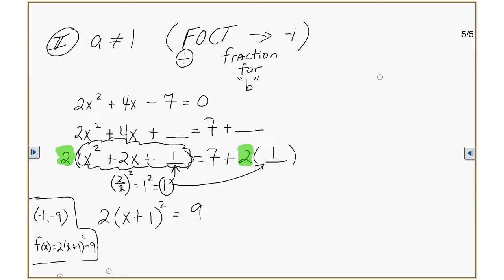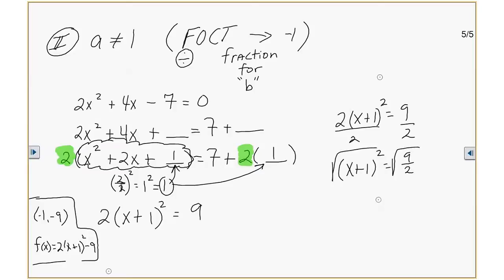Okay, so now we just solve for our x-intercepts. Take the square root of both sides. x plus 1 is equal to 3 over the square root of 2.